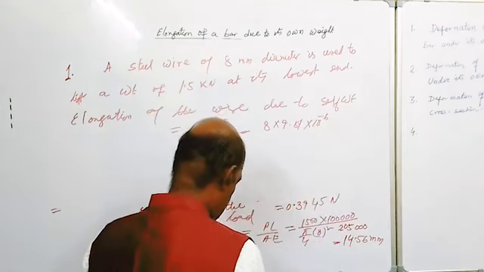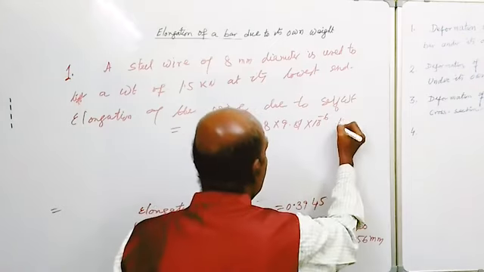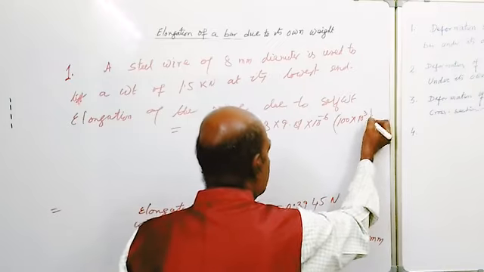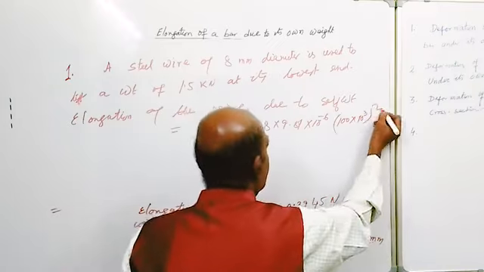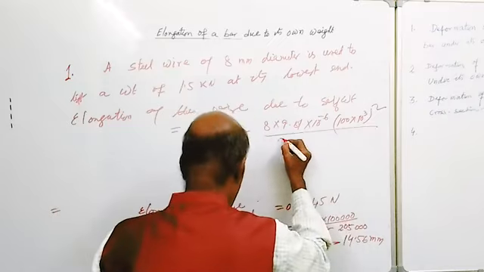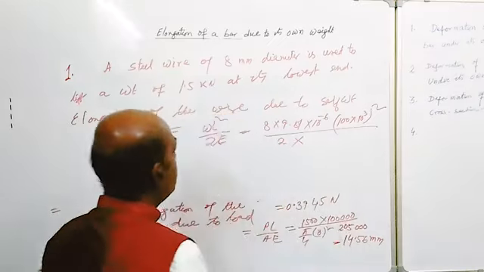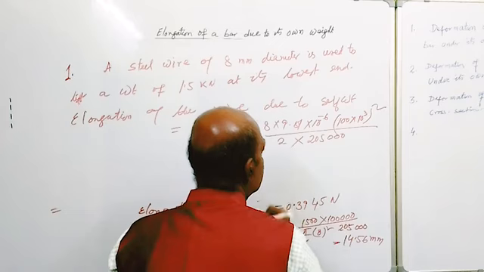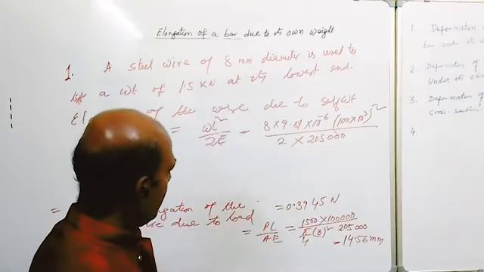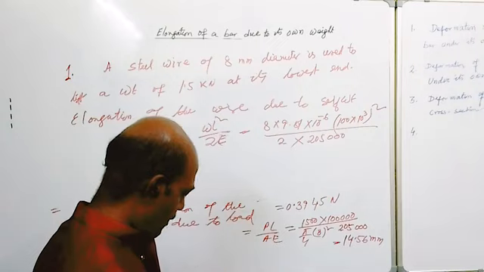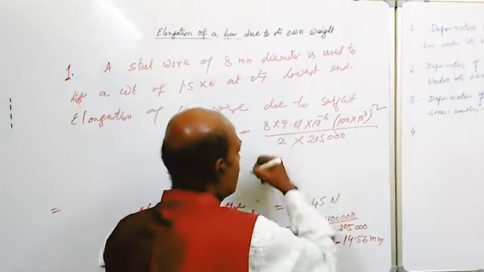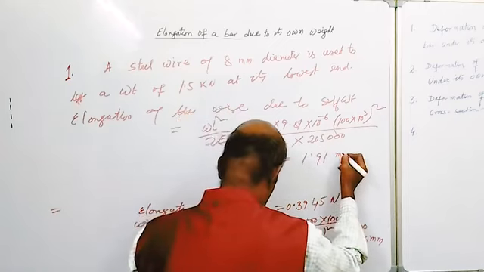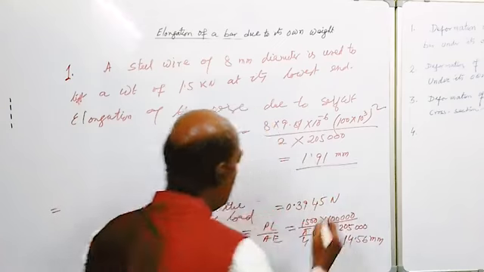This is the w value into L, 100 into 10 to the power 3, that is in millimeter, whole square, divided by 2 into E value, 205,000 Newton per millimeter square. So after calculation, it will give 1.91 millimeter.